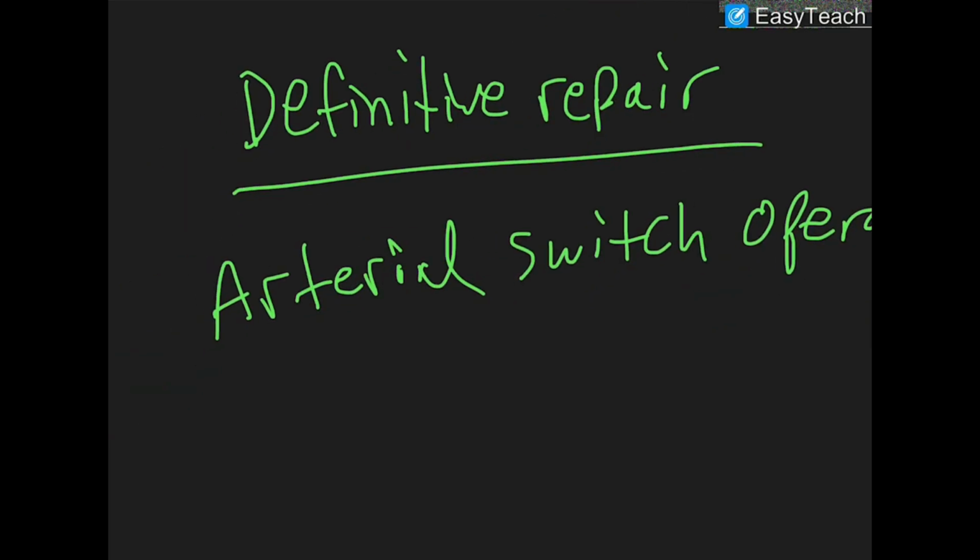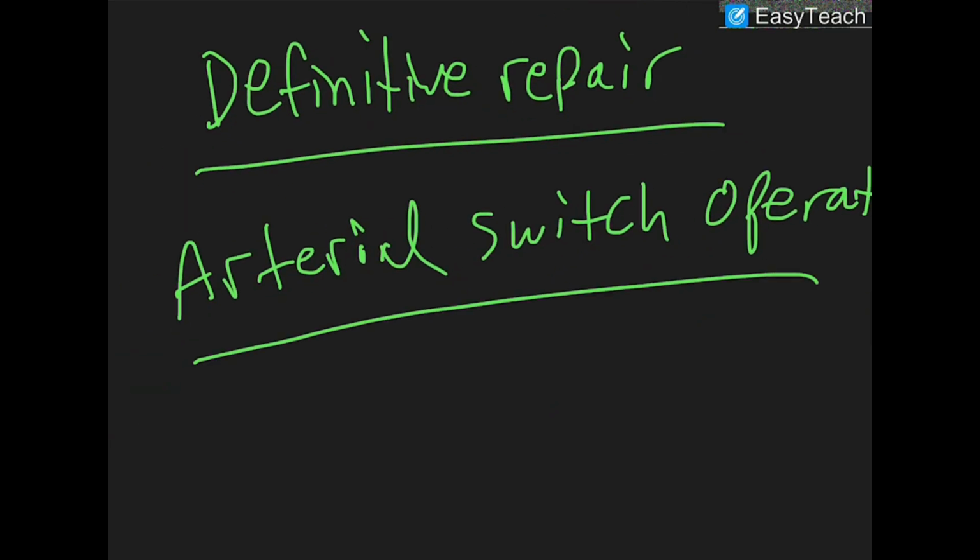Because in the first 1 or 2 weeks of life, if you do the arterial switch operation, what you can do is take the great arteries, in this case, the pulmonary artery and aorta, and you transect them and reattach them to the correct ventricles. So instead of the left ventricle dumping into the pulmonary artery, you take out that pulmonary artery and connect it to the right ventricle.